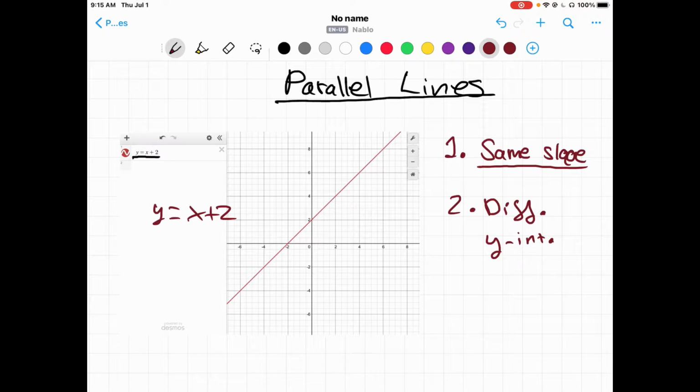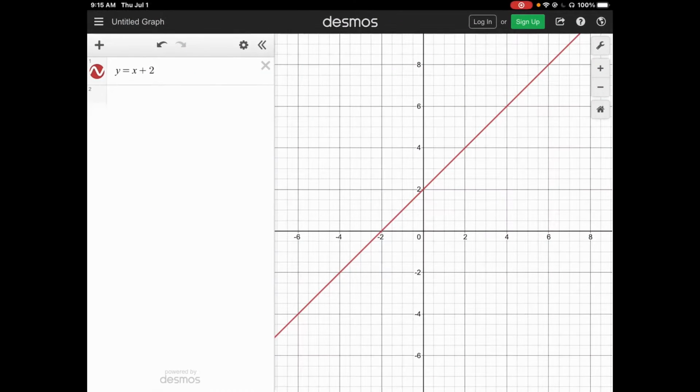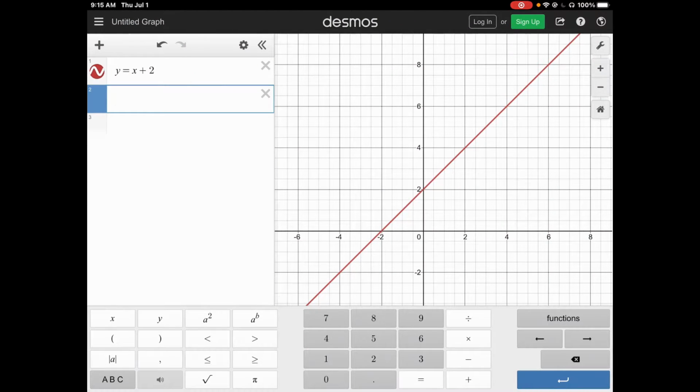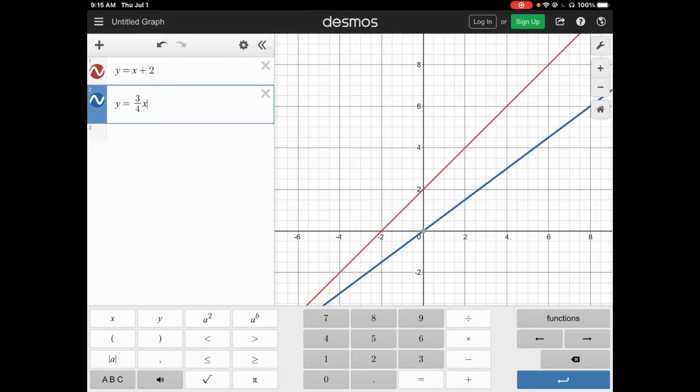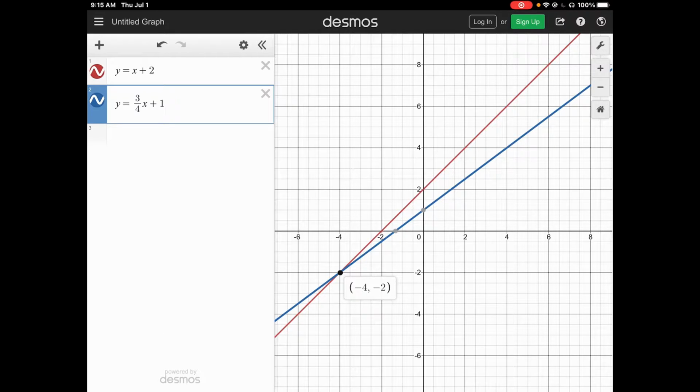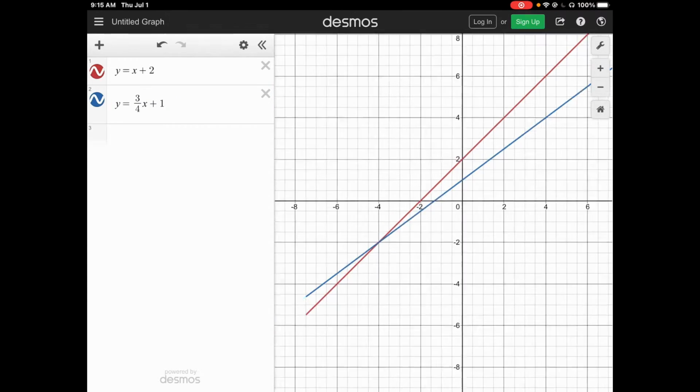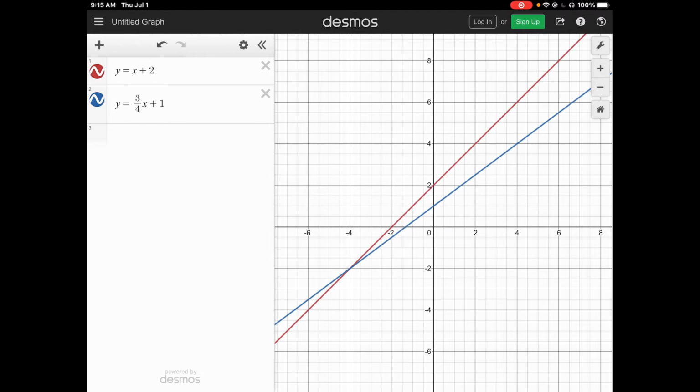Because say we had y equals 3/4 x plus 2. Let's see what would happen there. Y equals 3/4 x, and let's give it a different y-intercept. Why not? You would see that they actually, in fact, intersect here, and therefore they're not parallel lines.